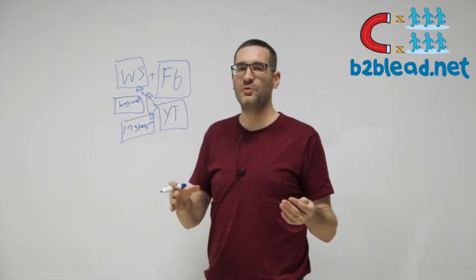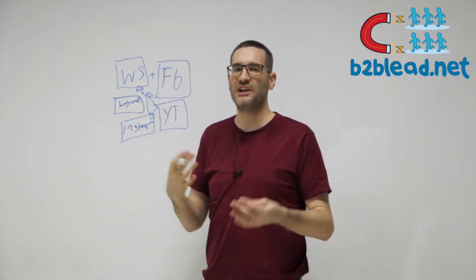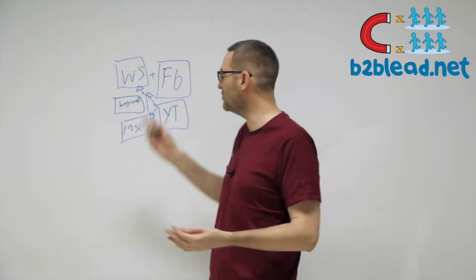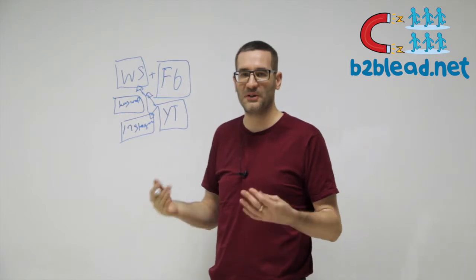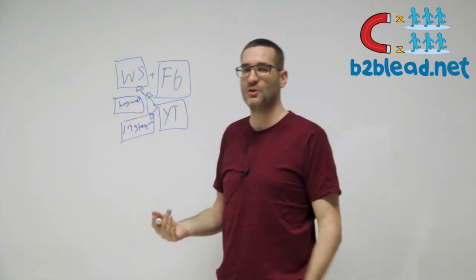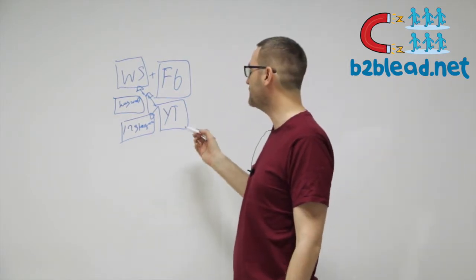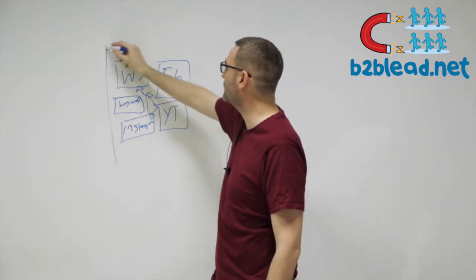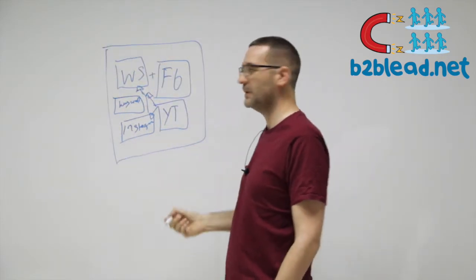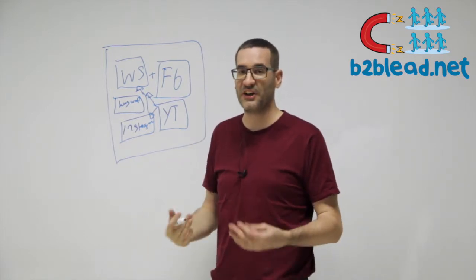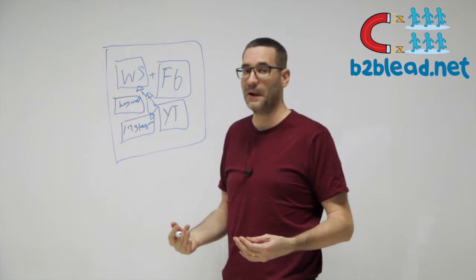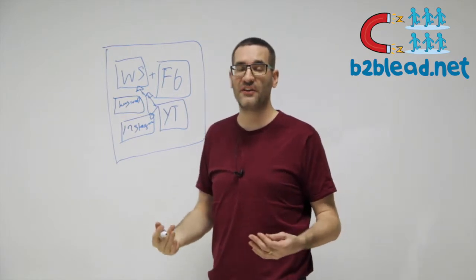Now, how do you generate leads from these areas? You're writing blogs, you're creating videos, but how do you actually generate leads? Well, you need to have some sort of funnel. It's a sales funnel. I'm running through these things very quickly, but basically a sales funnel is a way of capturing their information.